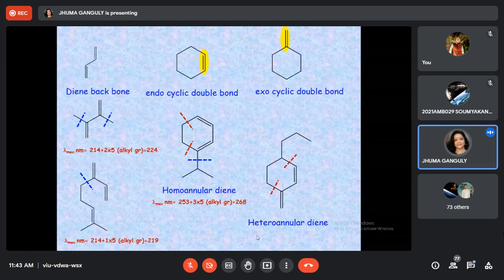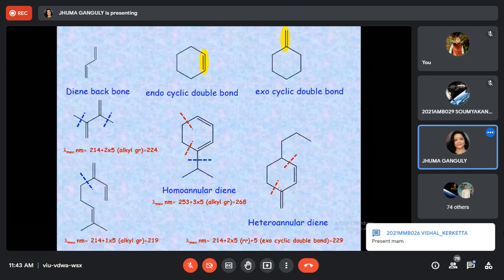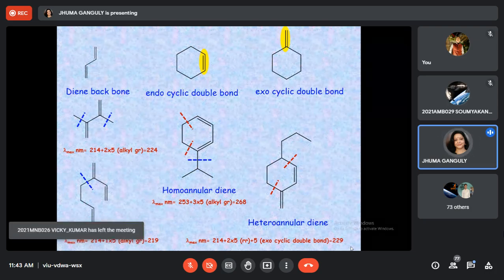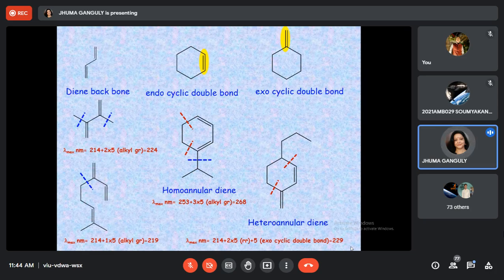After that, the red 2 are ring residues. So 214 plus 2 into 5 for ring residue plus 5, I mentioned here an exocyclic double bond, and this one is also an exocyclic double bond. Make the sum and we get 229. You have to understand with the structure and the parameters by observing and thinking.